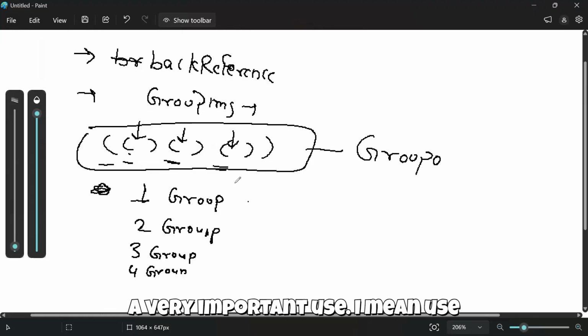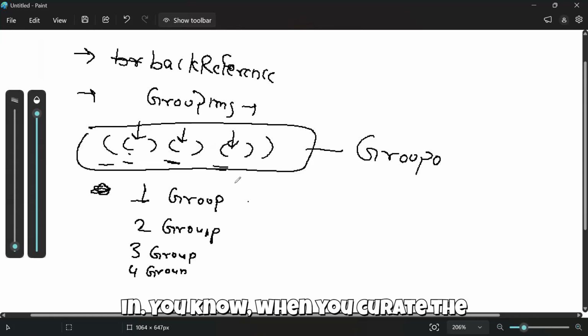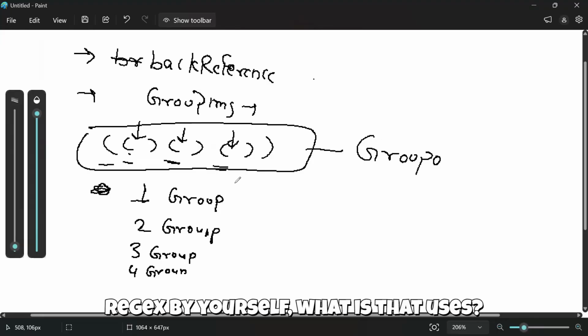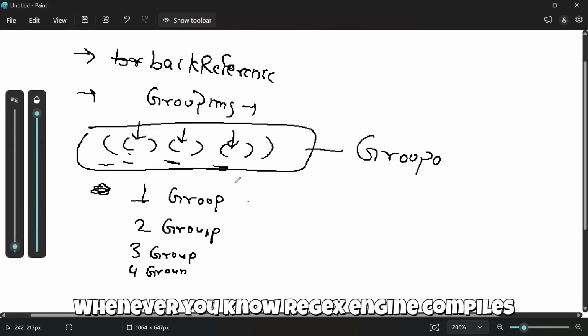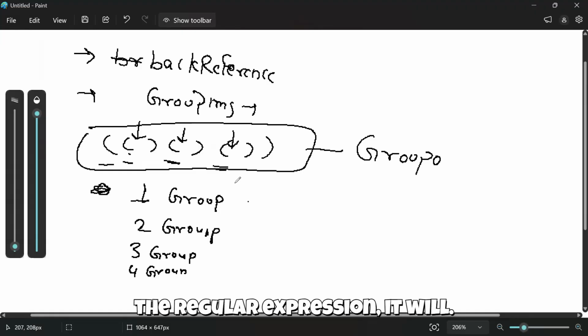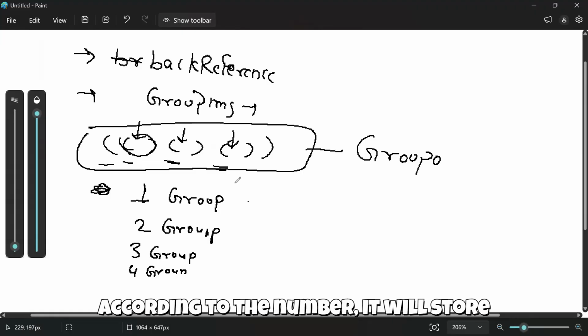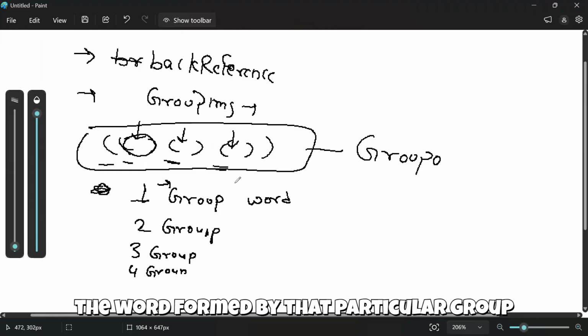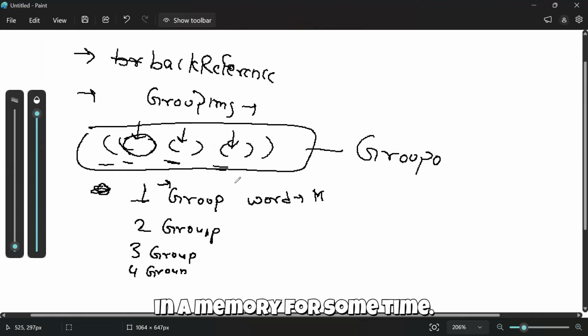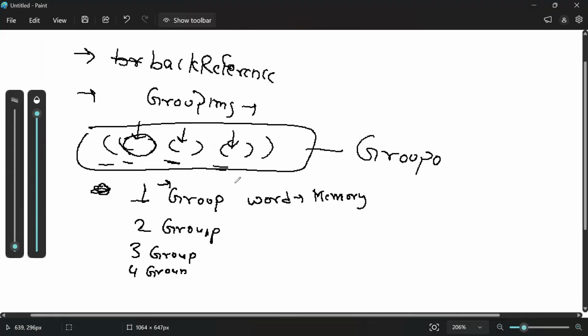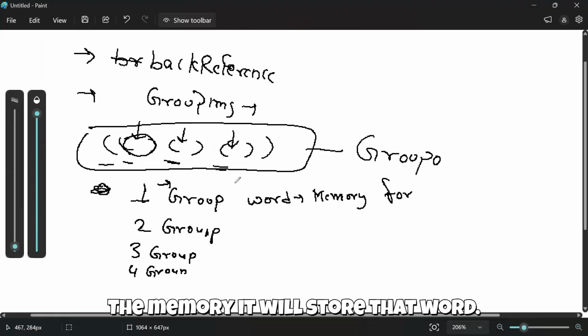It has a very important use, I mean, use when you curate the regex by yourself. Whenever the regex engine compiles a regular expression, according to the number, it will store the word formed by that particular group in memory for some time. In the memory, it will store that word.